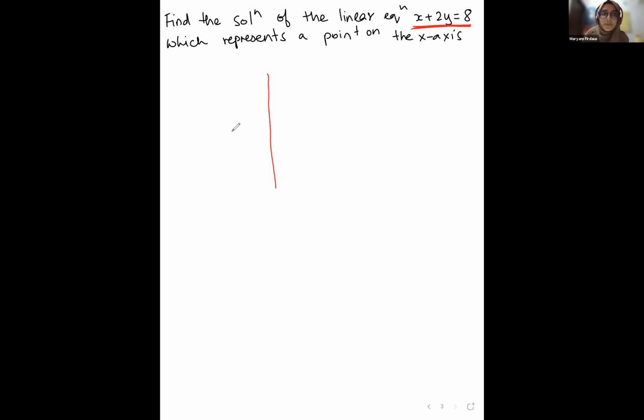What does that mean? Whatever this line is going to be, let's say it looks like this, all of the points that lie on this line are solutions of this equation, right? Solutions of the equation.